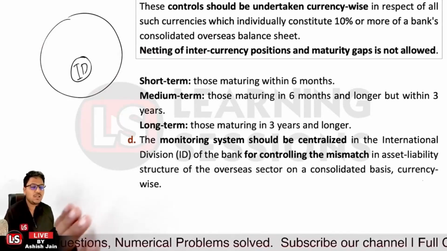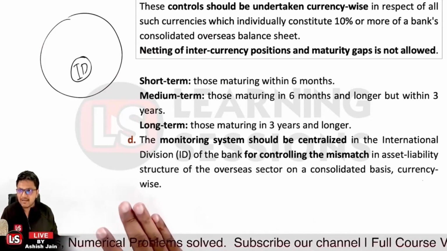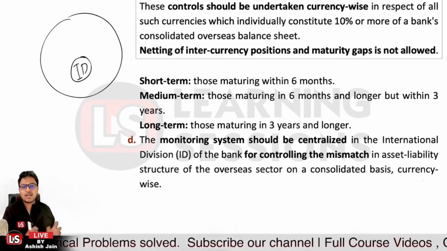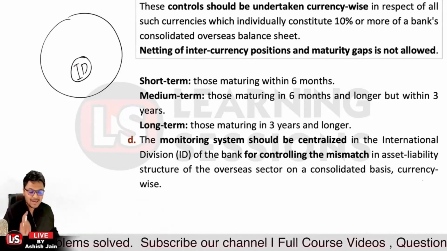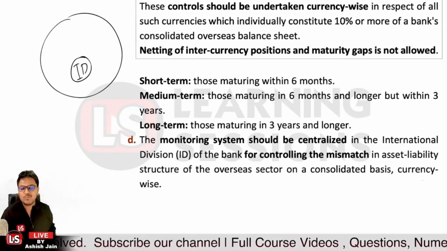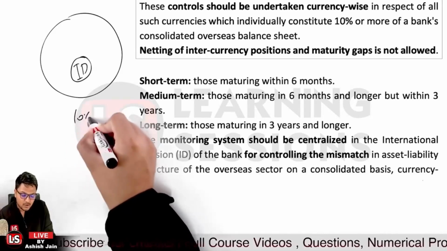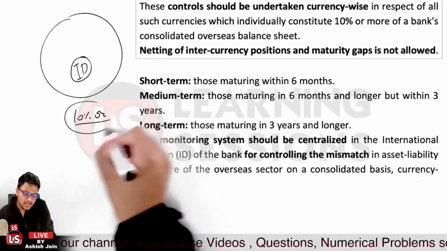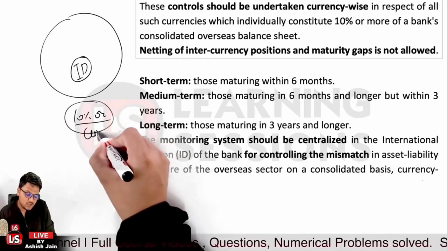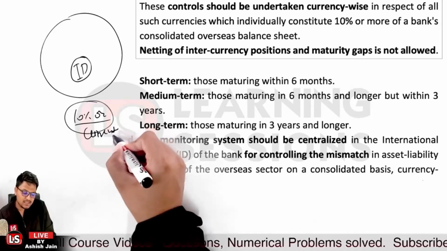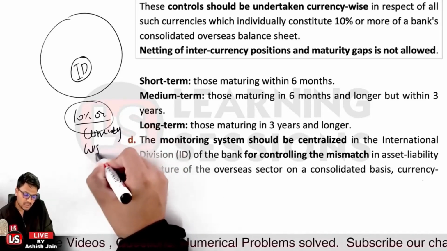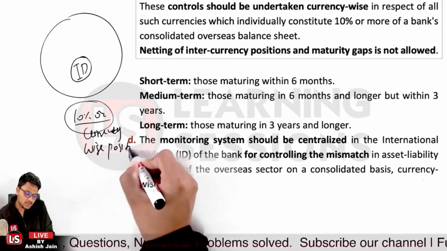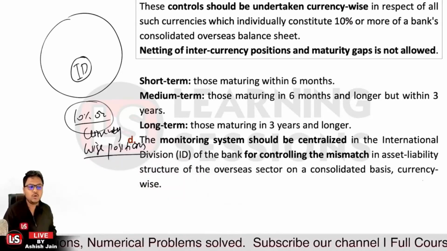That must be looked into at a consolidated level, at the subsidiary level, or combined also, and it must also be maintained currency wise. I already told you, if the currency composition is 10% or more for a single currency, in that case currency wise positions are to be maintained. So that must also be looked into.